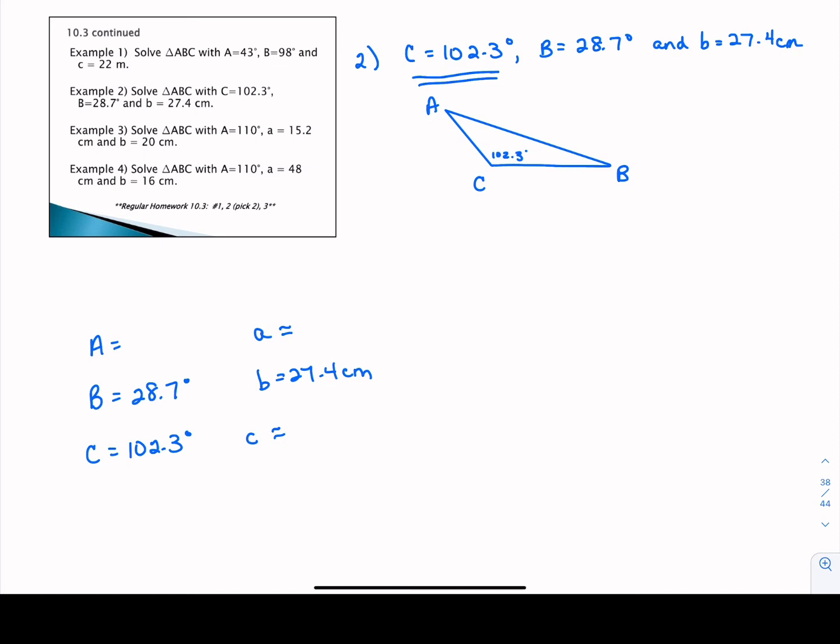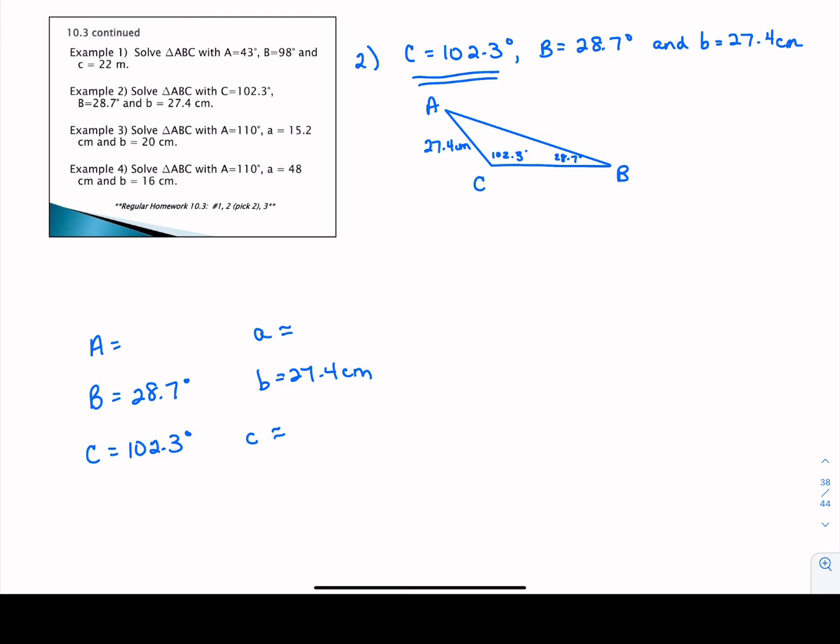So angle B in this case is 28.7, and we've got side length b of 27.4 centimeters. Side length b is going to be opposite angle B. So we know 27.4 centimeters is sitting in this location the way I've drawn and labeled my current triangle.